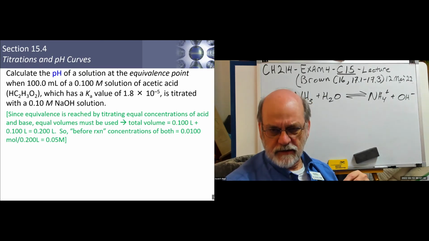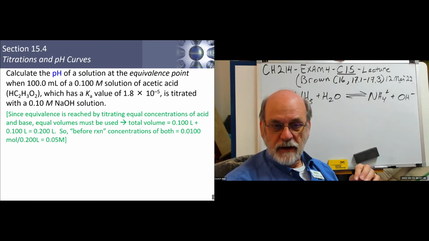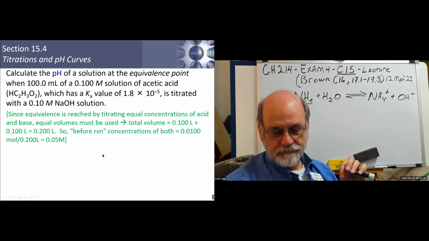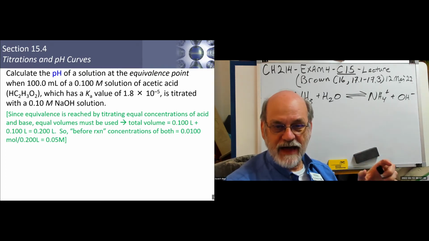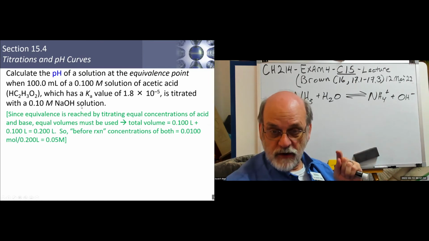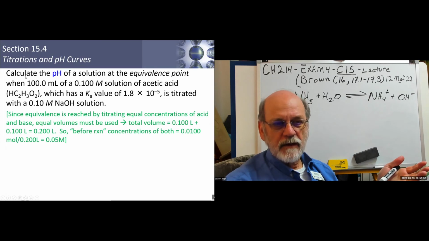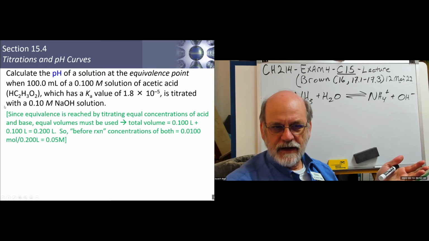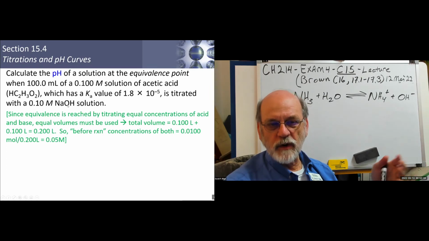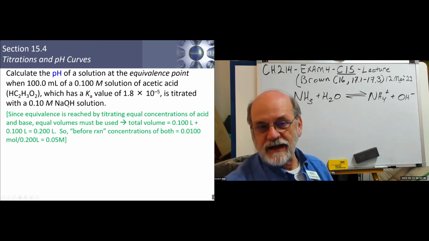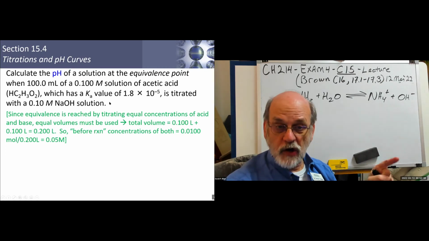That's the qualitative approach. This is the quantitative approach here. We're actually given amounts of acid and amounts of base and asked about the equivalence point, and let's see, does that make sense? 100 milliliters of 0.1 molar acetic acid titrated with 0.1 molar sodium hydroxide, when does that equivalence point occur?